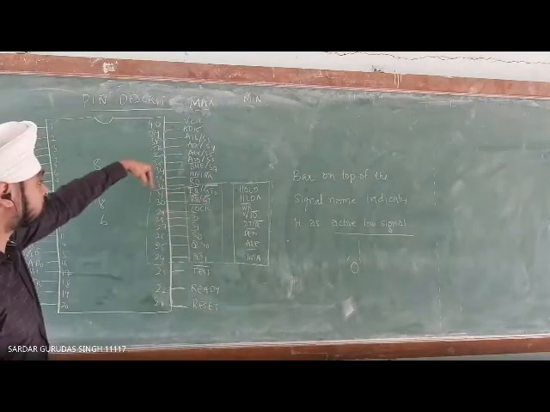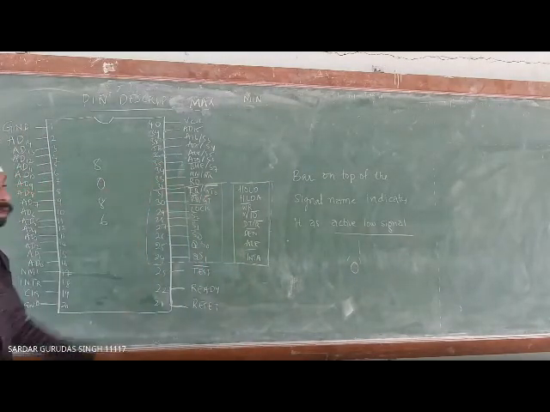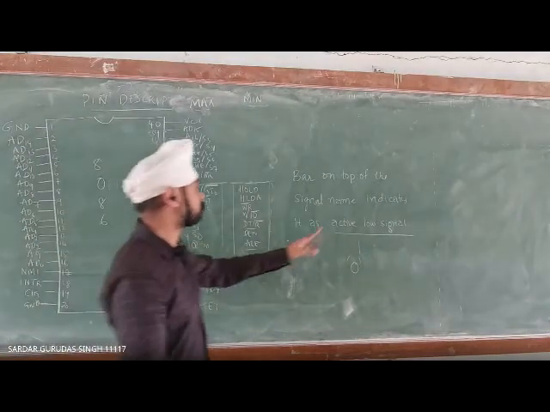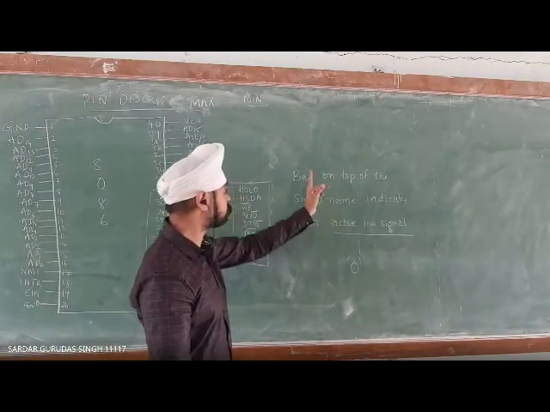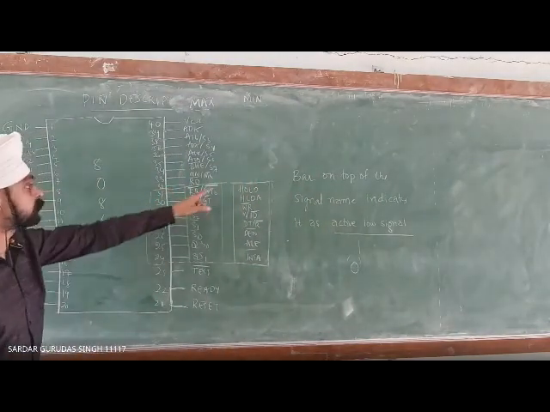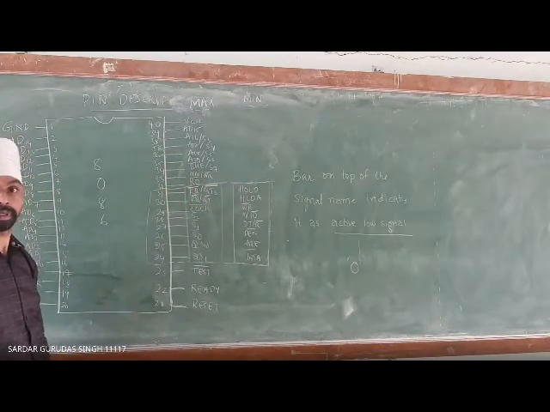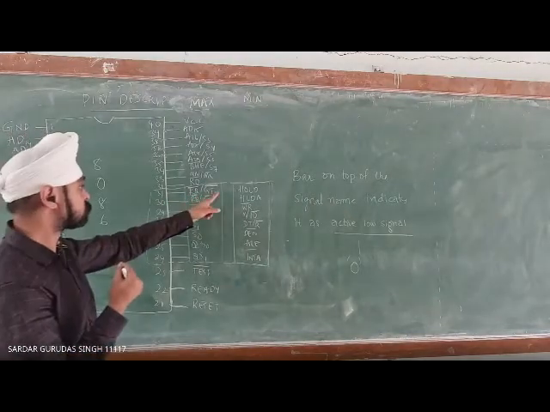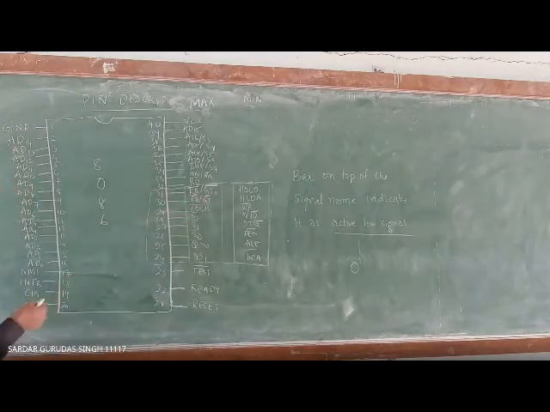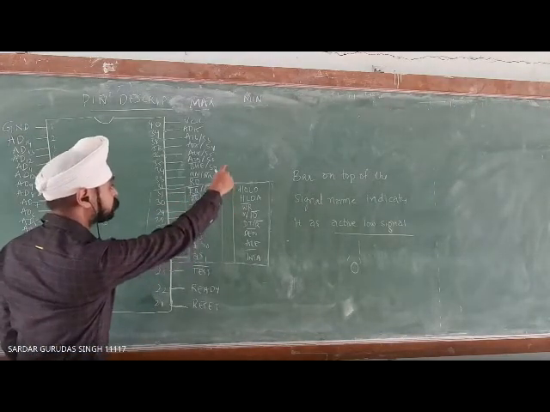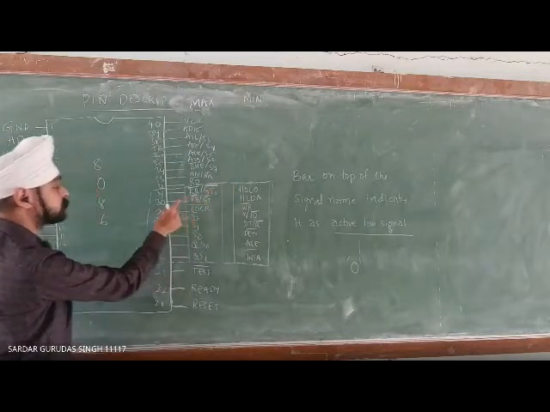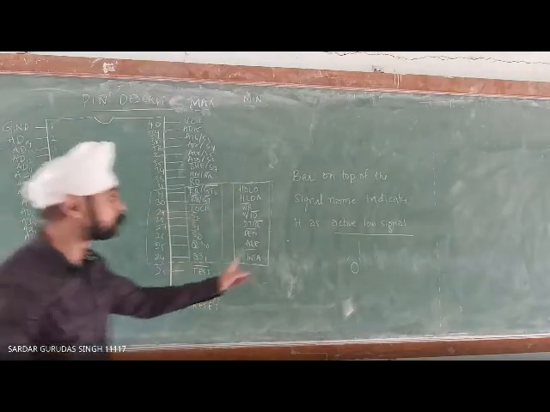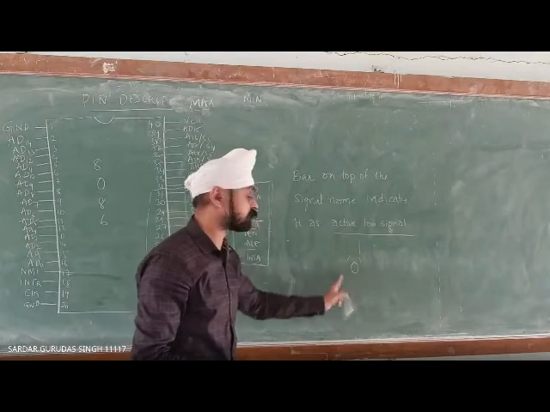A 0 on the signal indicates that that particular signal will be active. If 0 is coming on these types of signals, wherever there is a bar, then it means that that particular signal will be active only during 0.